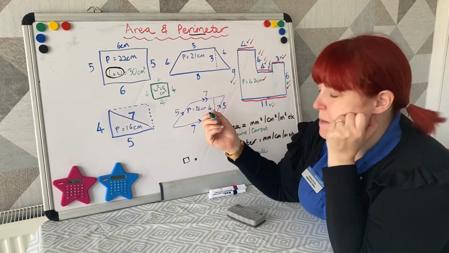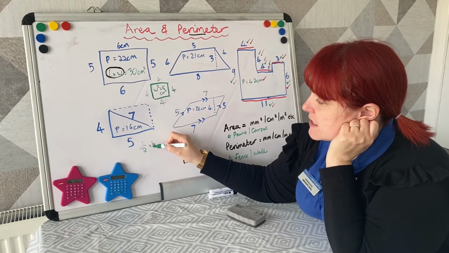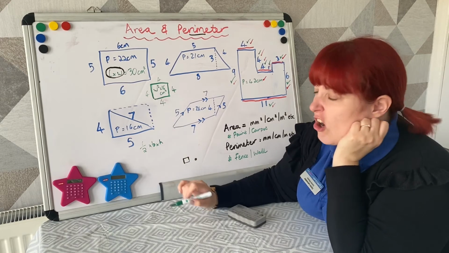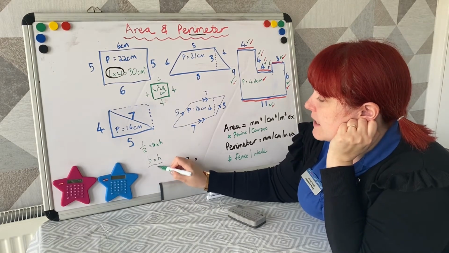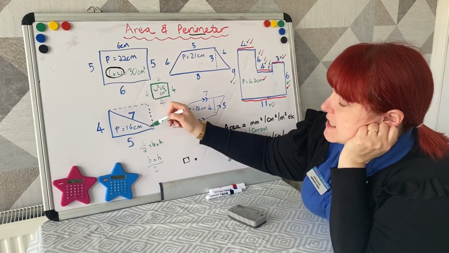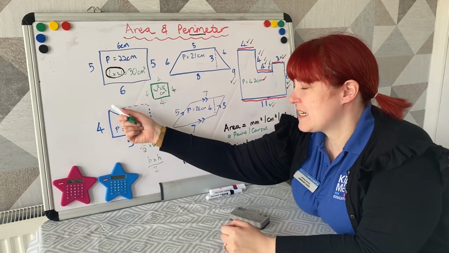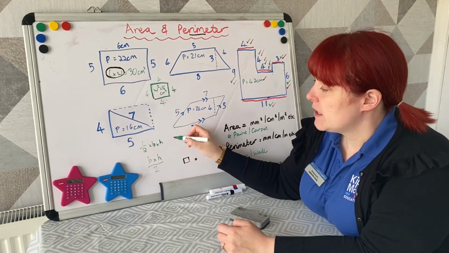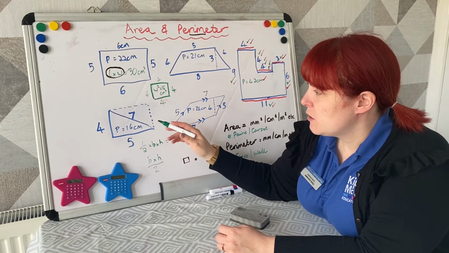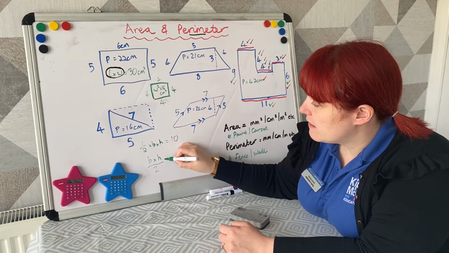So there's 2 ways people write this formula: half times base times height, or my preferred way is base times height divided by 2. So they've got to do the base times the height and then divide their answer by 2 to get it, because base times height would give me the whole rectangle. If I half it, I get the triangle. Either way, we end up with the same answer. We're doing 5 times 4 is 20 and halving it, which is 10.